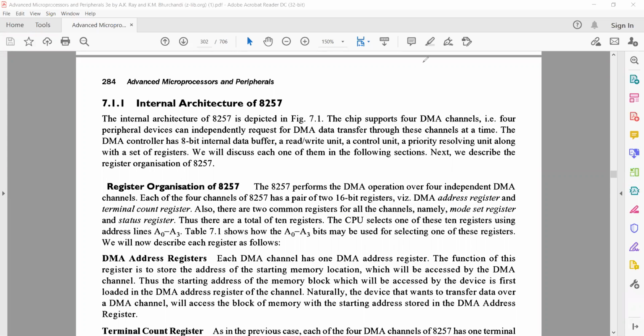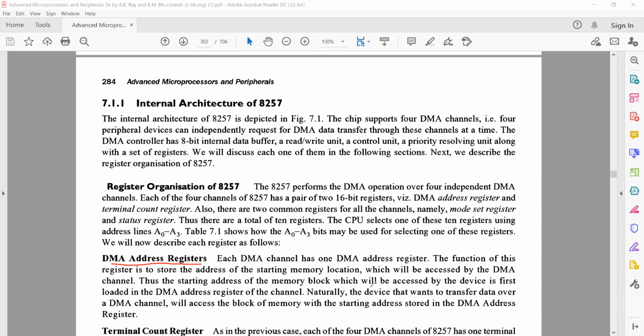First, what is the purpose of address register? We have 4 channels, and each and every channel will have an individual address register. What is the purpose of address register?